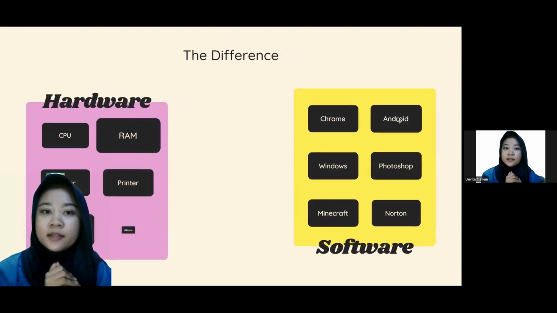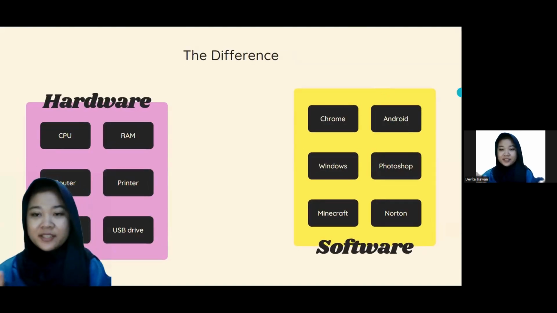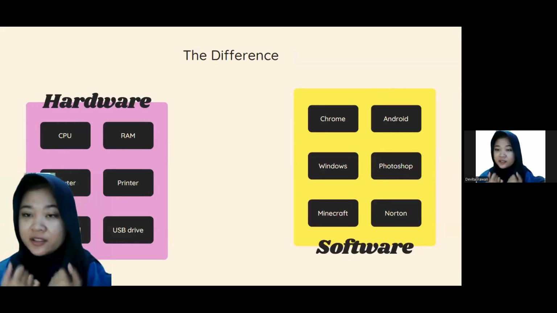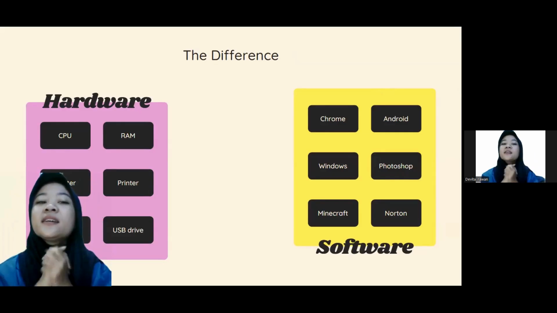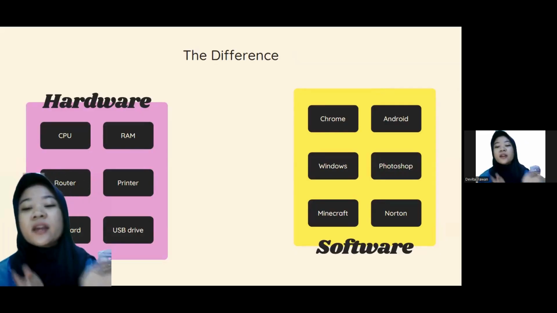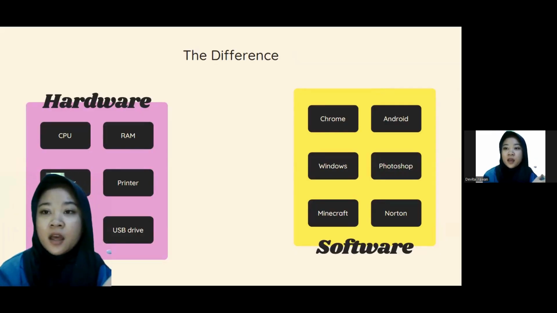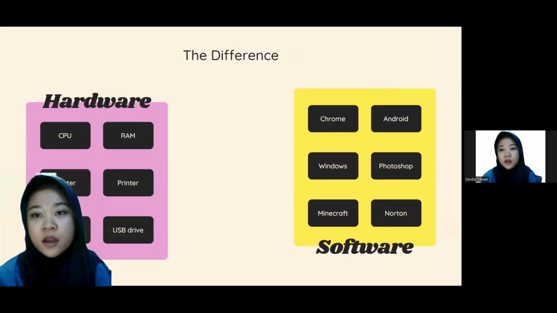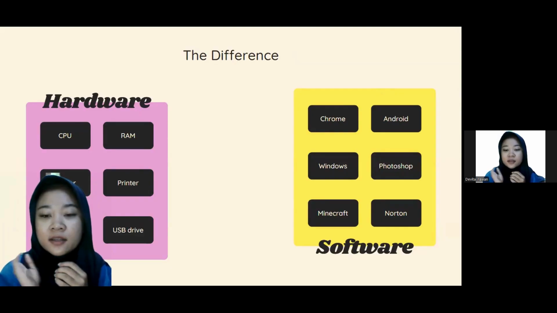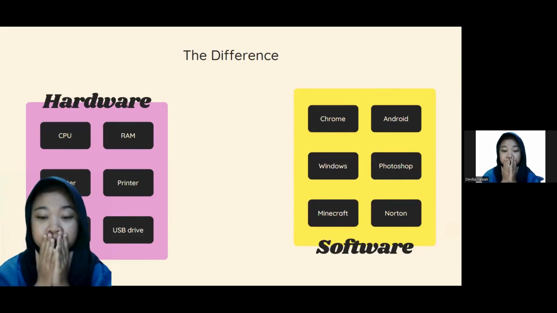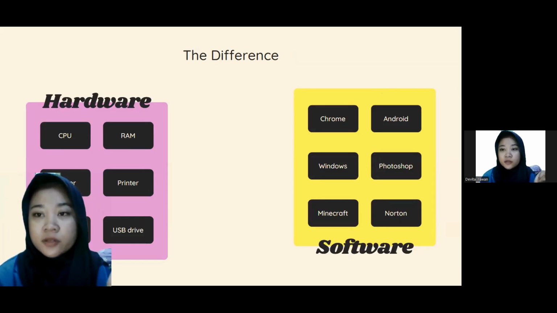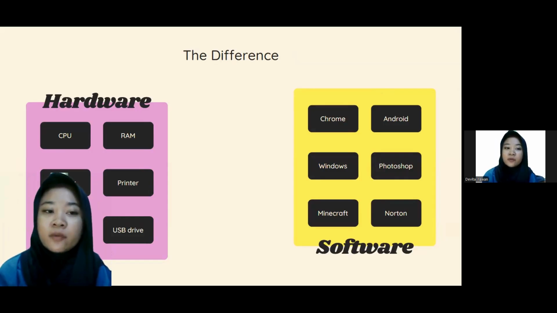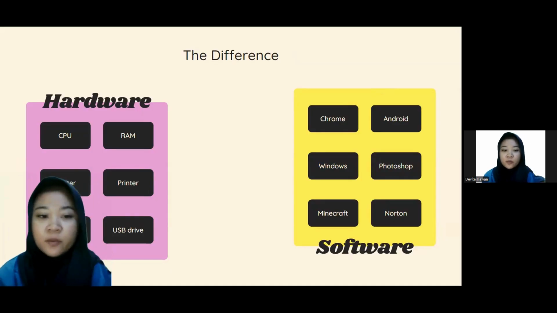The next slide is the difference. I already told you guys the difference between hardware and software. As you can see, there are examples of hardware and examples of software. For hardware, we have CPU, RAM, router, printer, keyboard, USB drive, and for software, we have Chrome, Android, Windows, Photoshop, Minecraft.